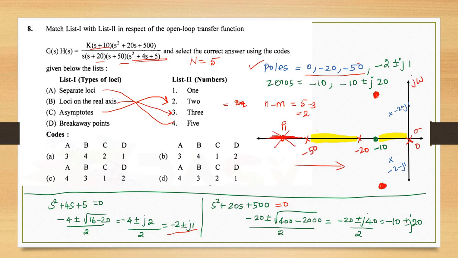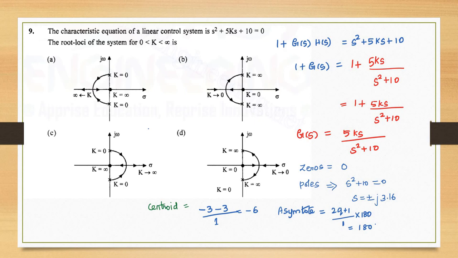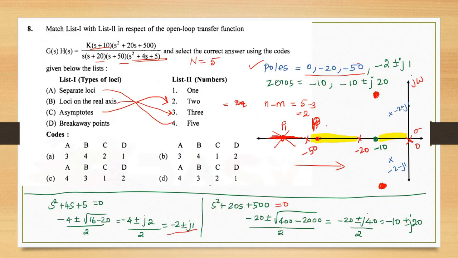And here I have to consider the next point, P2. And see how many poles and zeros are available? 1, 2, 3, 4 and 5. So there may be one root locus region.